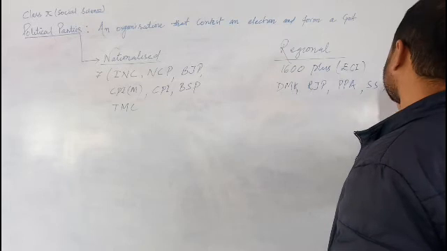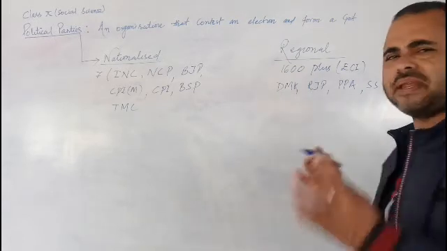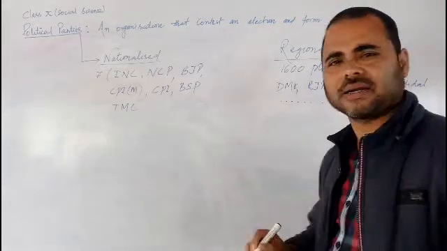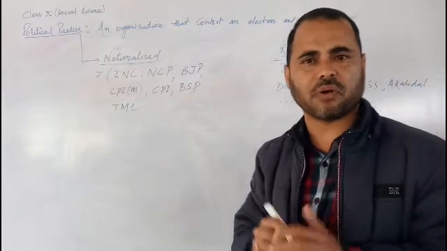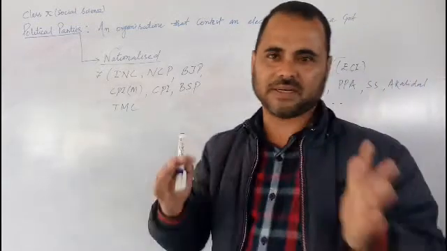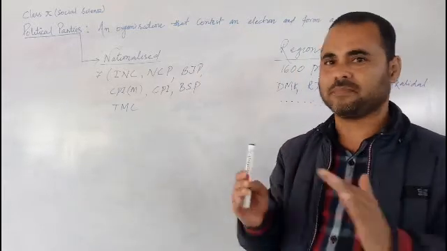If you see the Akali Dal, like that, in every state there are so many political parties which are active in politics, and they are called what? Regional political parties. Clear? What are they? Regional political parties.